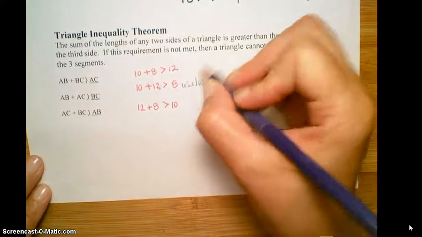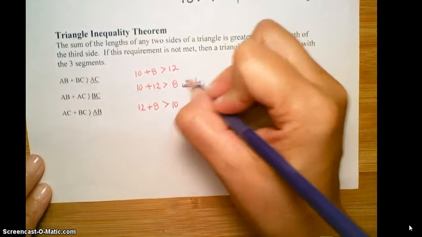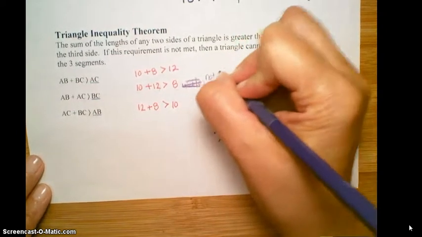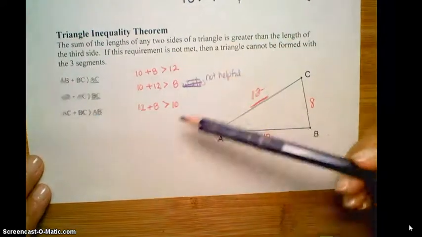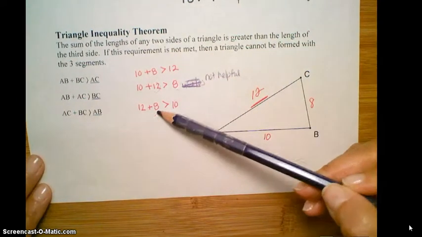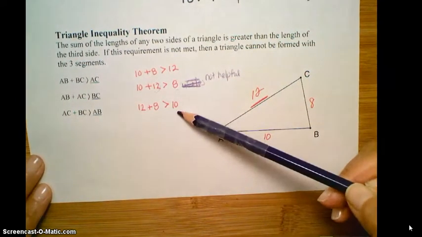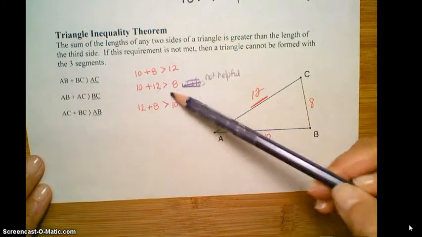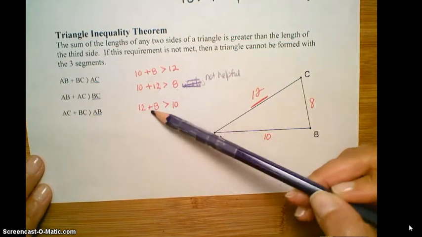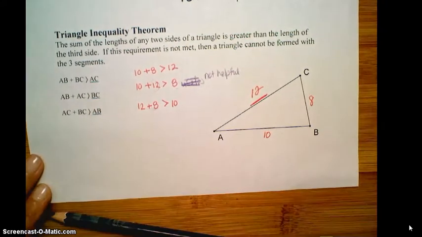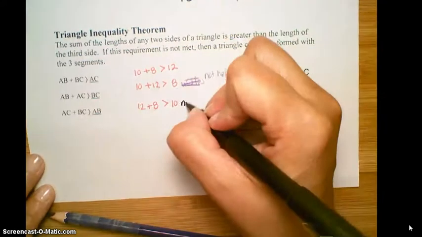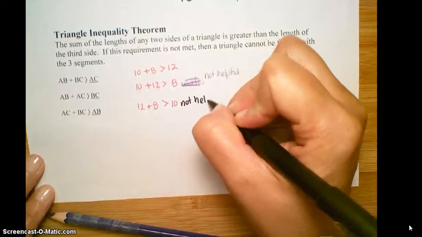I'm going to use a different word instead of useless. I'm going to say not helpful. How's that? Now, if you take a look also at this statement, 12 plus 8 is bigger than 10. Once again, 12 was already bigger than 10. We didn't even really need this second side. And again, because of that, this is not a helpful statement.